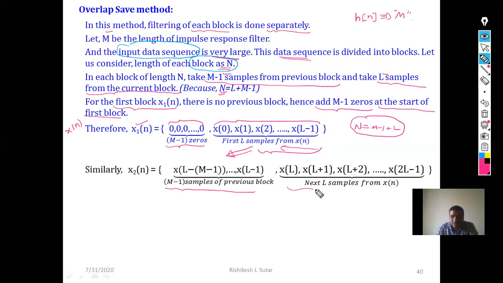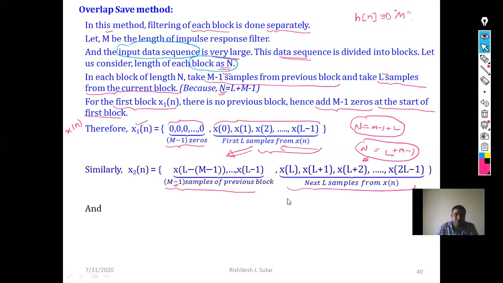Then I consider the next L new samples. So this is my L samples and this is my M minus 1 samples from the previous block. Ultimately I again get N samples. Like this I will go further.